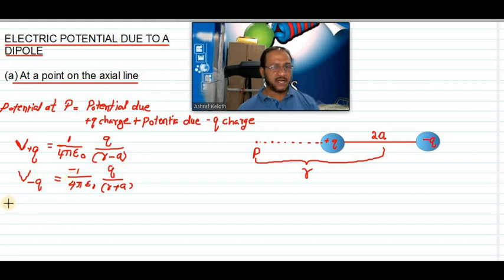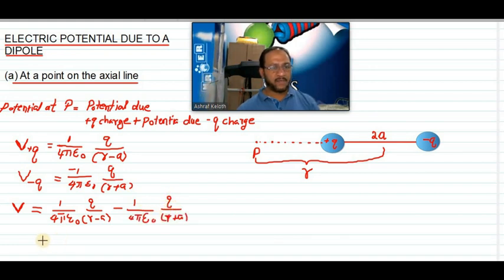So write down the net potential at the point P due to the dipole: V equals 1 by 4 pi epsilon naught Q by R minus A, minus 1 by 4 pi epsilon naught Q divided by R plus A.